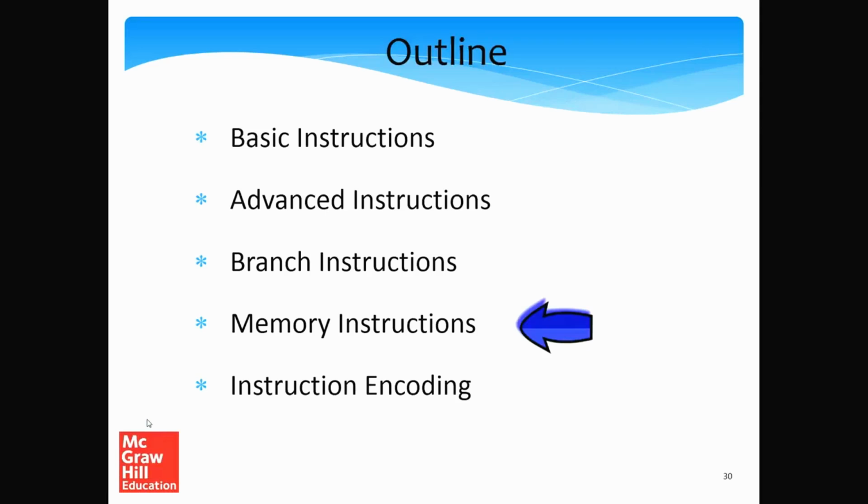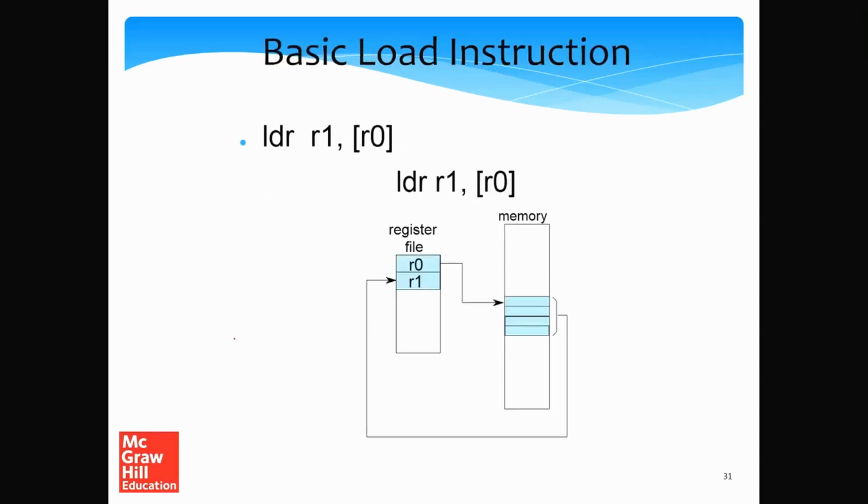Now that we have seen basic instructions, advanced instructions, and branch instructions, let's move to memory instructions. Similar to simple RISC, ARM has a very basic load instruction, which is load R1 with a register indirect operand R0. In this case, the memory address is stored in R0.